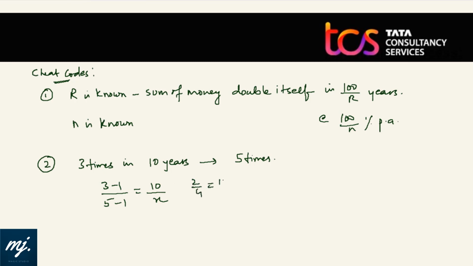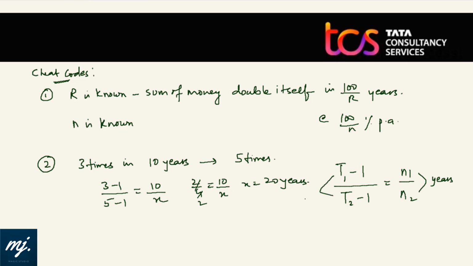Then 2 by 4 is 10 by x, so x is equal to 20 years. So if times are given, then (t1 minus 1) upon (t2 minus 1) equals n1 by n2. These are in years and these are times.